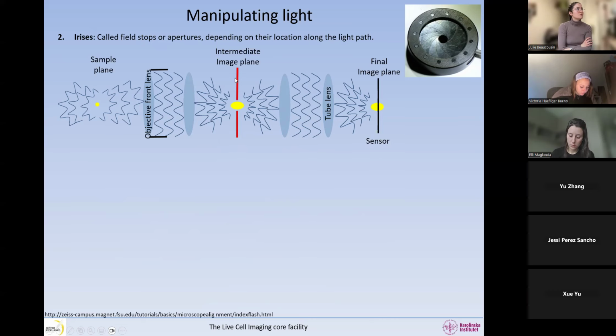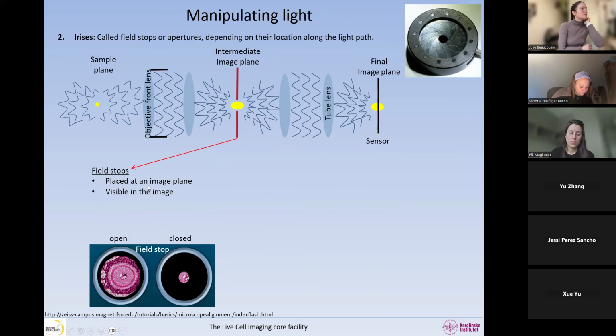Now, what happens if we put an iris right at one of the image planes? It's called a field stop if it's at an image plane, and it is visible in the image because we have an image there. When we close the iris, we see black around the edges. We block the image on the outside.